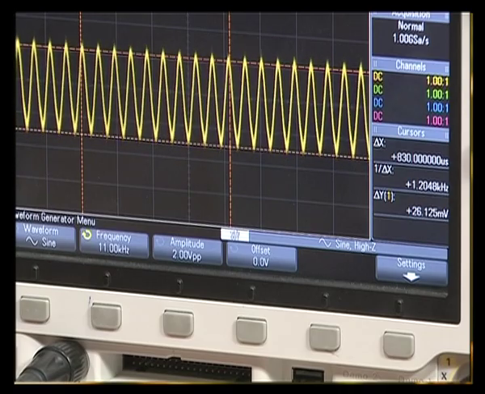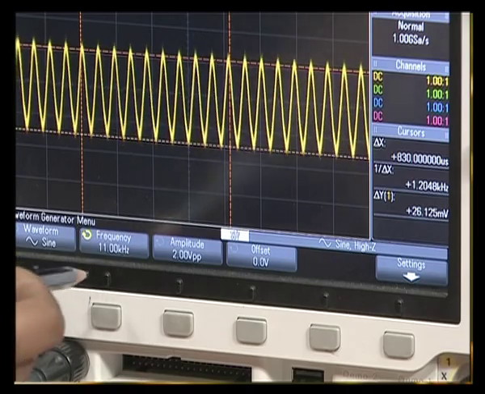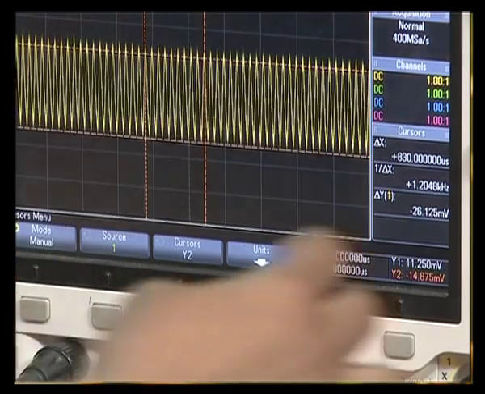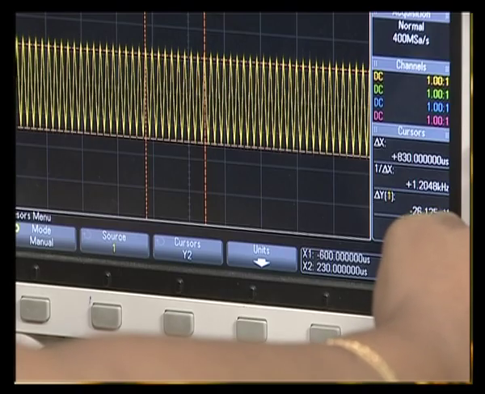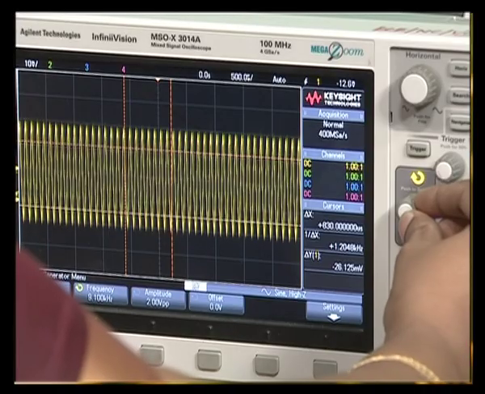Now, let us measure at 1 kilohertz. Let us vary the frequency from 11 kilohertz to 1.1 kilohertz.